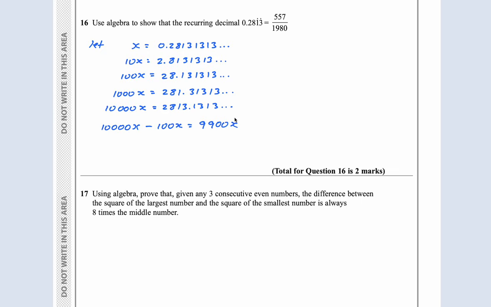Use your calculator, guys, if you need to. And then 2813.1313 dot dot dot minus this one, 28.1313 dot dot dot equals, well, I need my calculator for this, but the decimal places are going to disappear, which is the whole point of this.